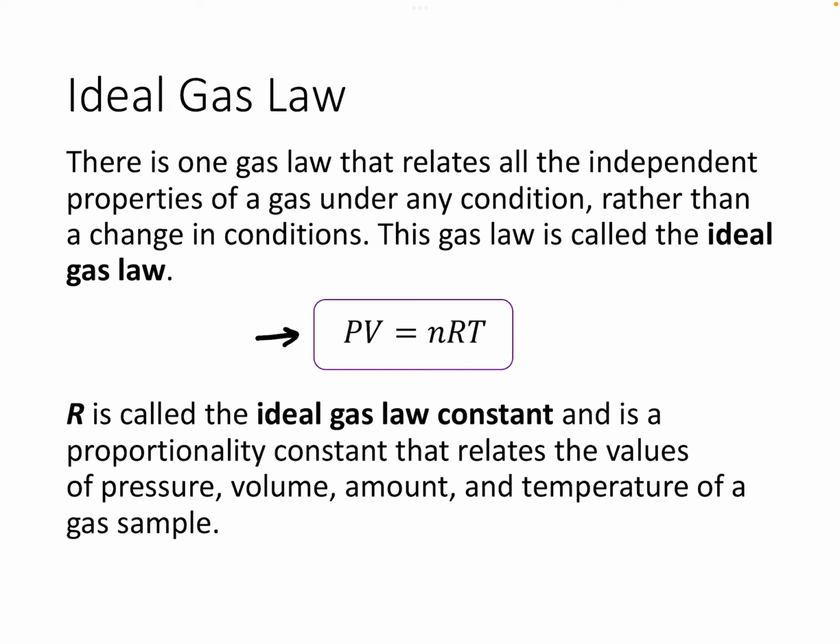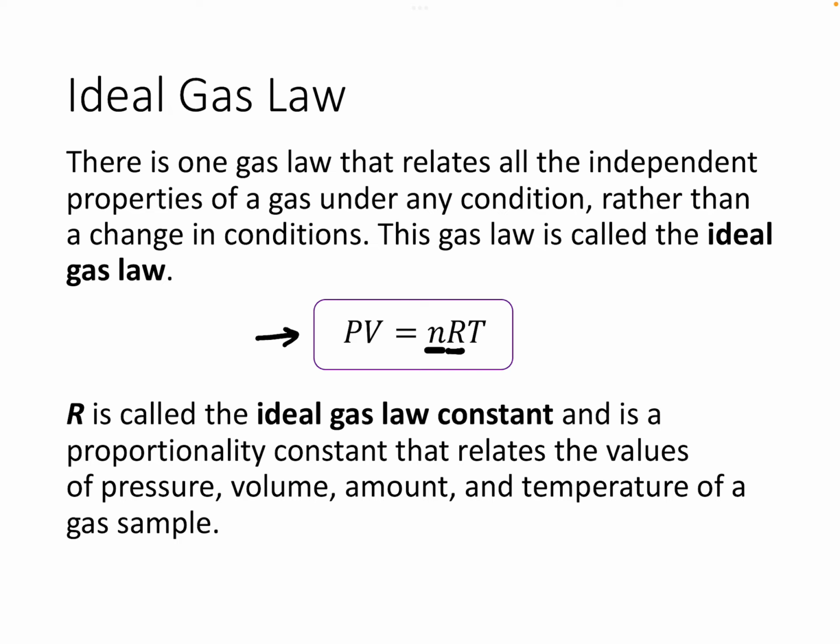We've got pressure times volume, and that's equal to the amount of gas in moles, that's the lowercase n, times an ideal gas constant, which is R. That's this capital R, and we'll talk about that in a second. And then we'll multiply that by temperature, T. Again, notice we don't have an initial state and a final state for the gas.